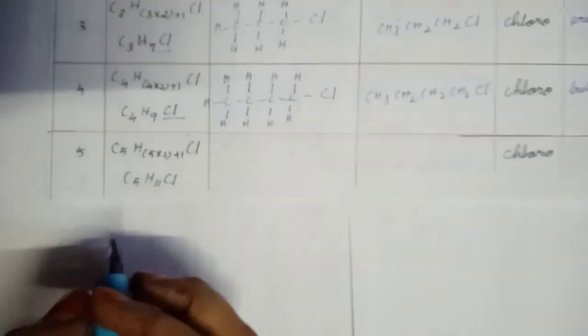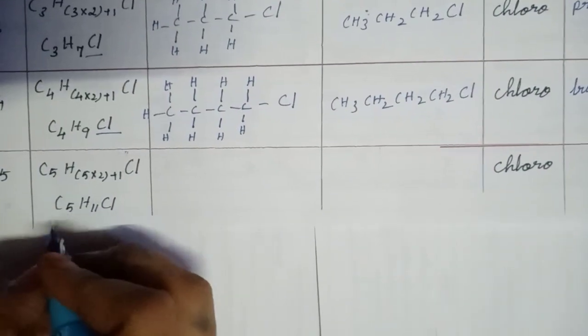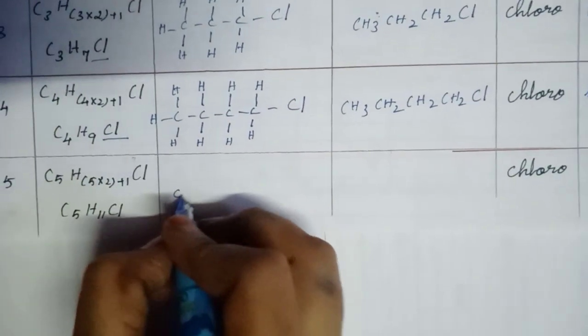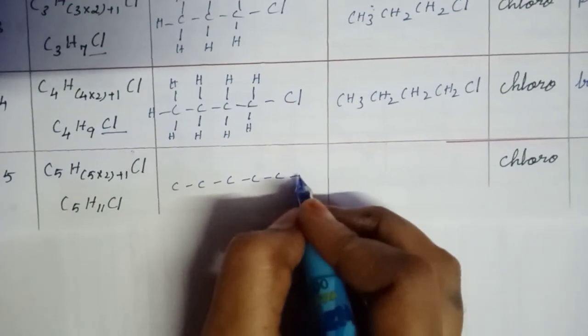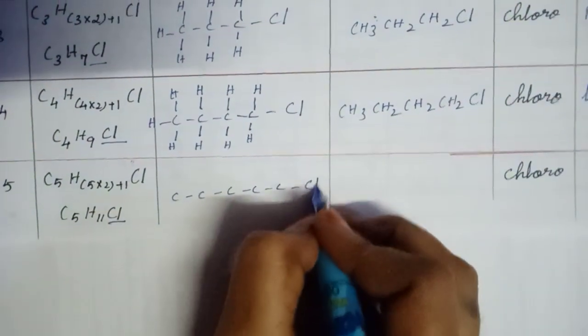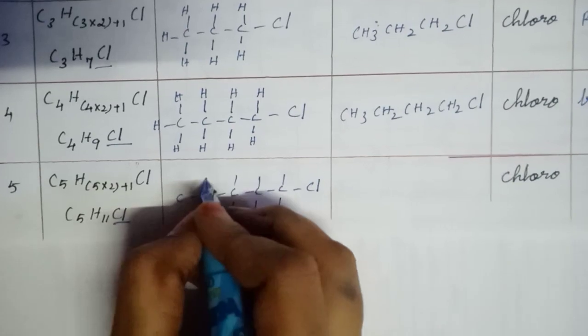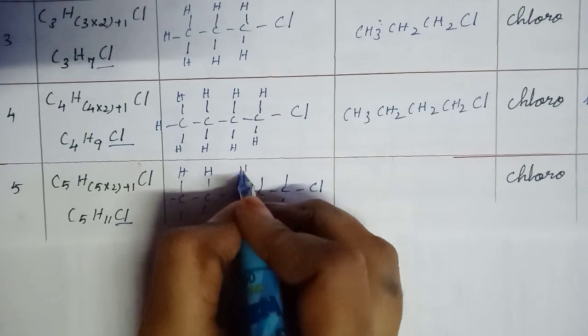Okay. And next, number of carbon 5. So substituting in the general formula, we get C5H11Cl. 5 carbons. So next, functional group Cl. Framework. Placing hydrogen.